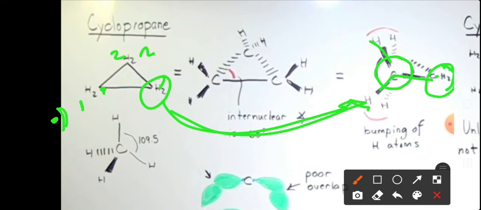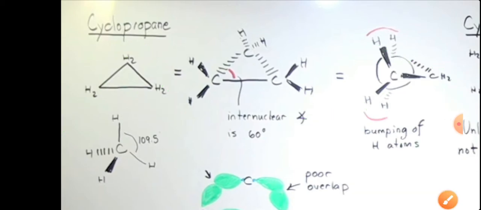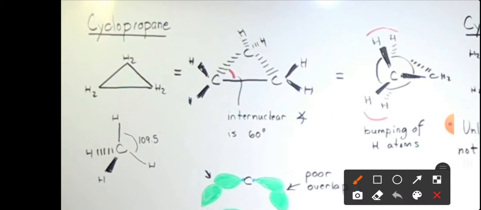This is the front carbon, this is the back carbon, and there are substituents above the plane. This is the hydrogen attached to the front carbon, and the broken wedge line is attached to the back carbon hydrogens.